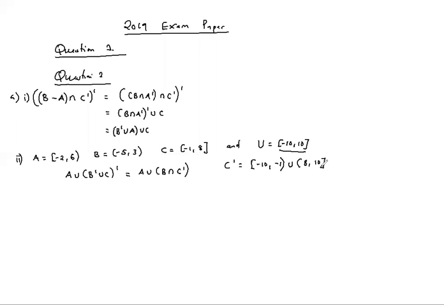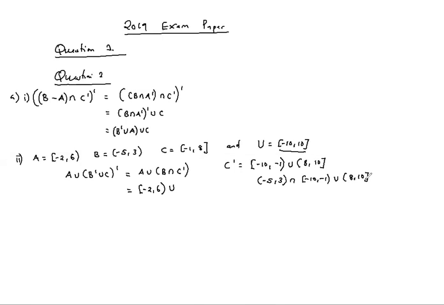This makes the complement. So now we come to A union B intersection C complement. A is (-2, 6), and it will be waiting there. Now we get B, (-5, 3), and intersect it with (-10, -1) union (8, 10).